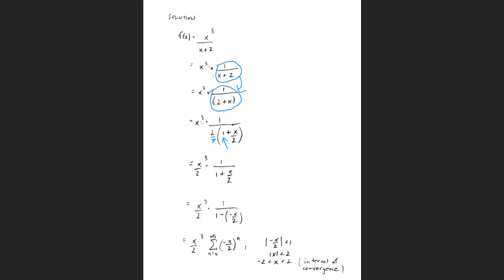So 2 plus x can be expressed as 2 times 1 plus x over 2. By doing that, I get a 1 where I need it to be. So now I'm writing this function as x cubed over 2 times 1 divided by 1 plus x over 2.